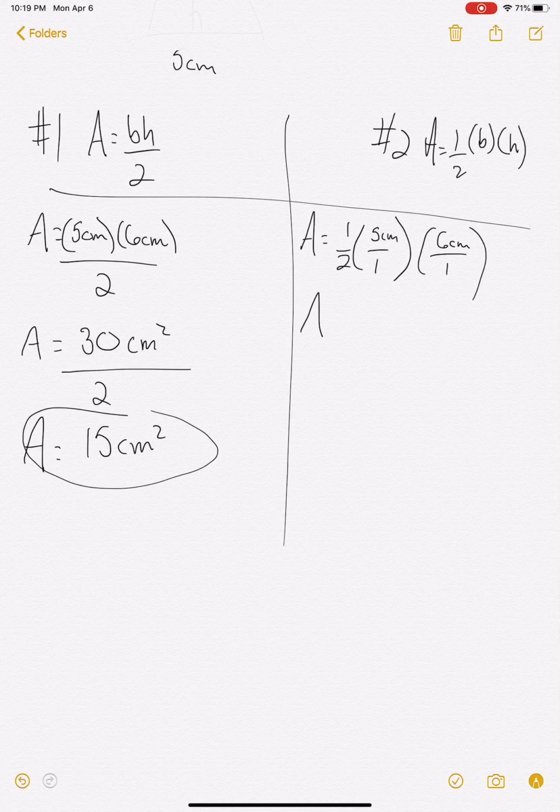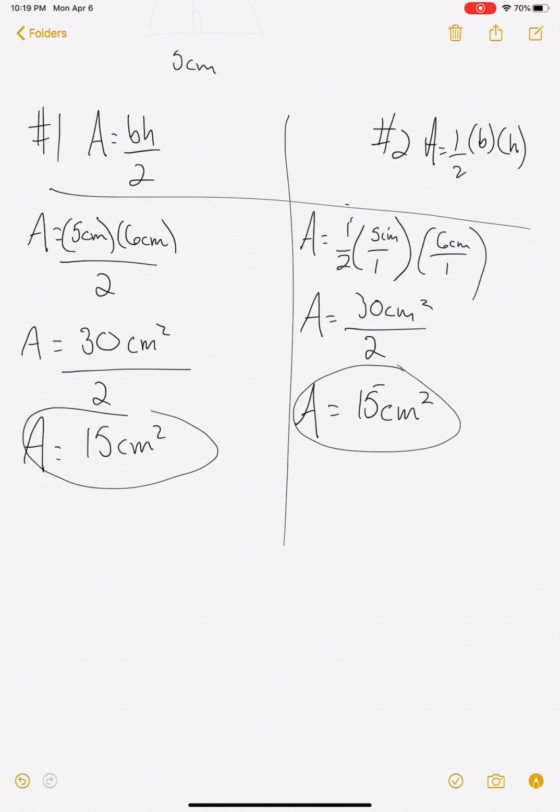And then our next step will be, we're going to times all these together, which will give us 30 centimeters squared over 2. And we're going to simplify that, and that will again give us 15 centimeters squared. As you can see, we used 2 different formulas, and we got the exact same answer.